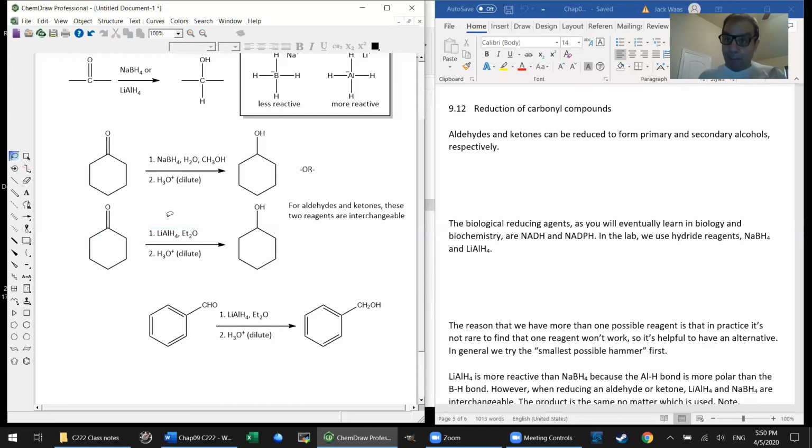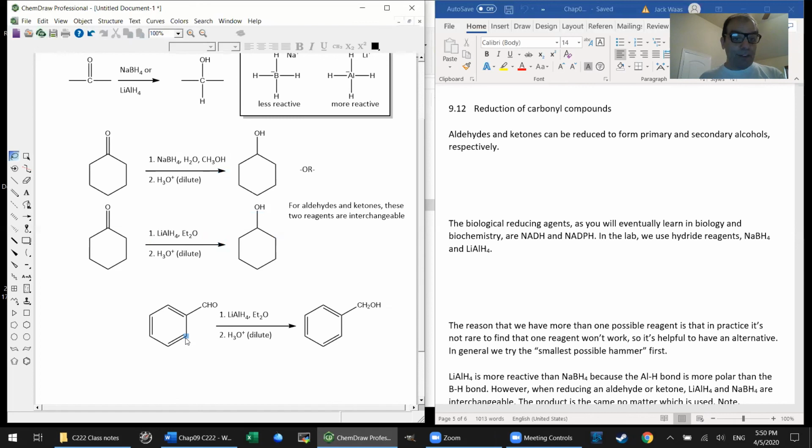Once the bubbling has quieted down, then you can proceed with your extraction, drying it over a drying agent, filtering off the drying agent and evaporating off the solvent. All that is safe to do once the initial reaction is done. But again, these two reactions will effect the same thing. Both of them will give you the corresponding secondary alcohol.